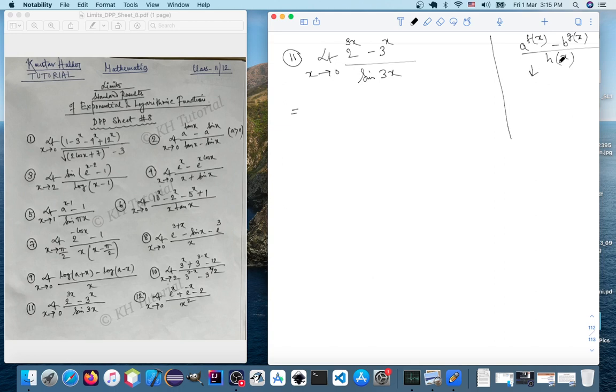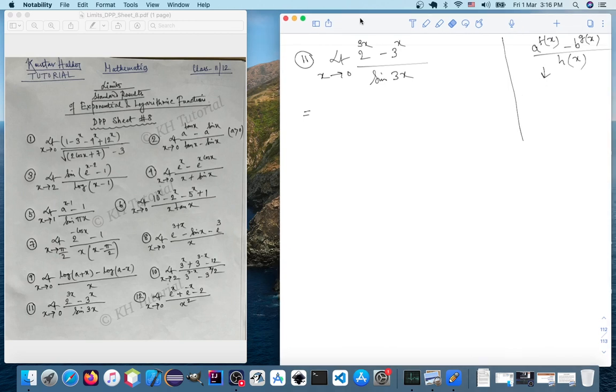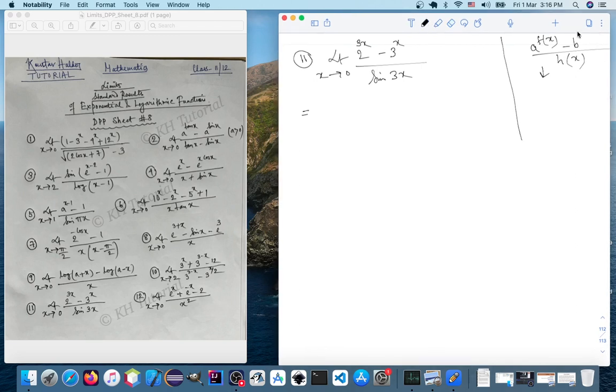The general strategy is, when we have something like a to the power of x minus b to the power of x, where the base is different, what we do is again we take this b to the power of x as common.